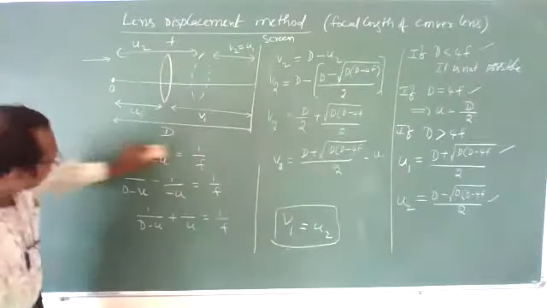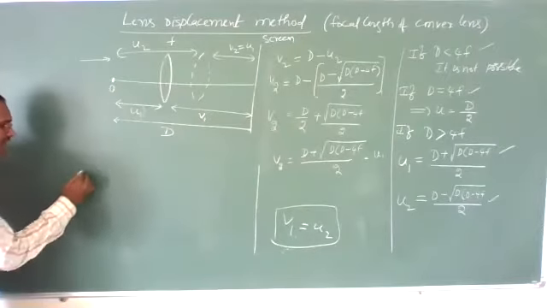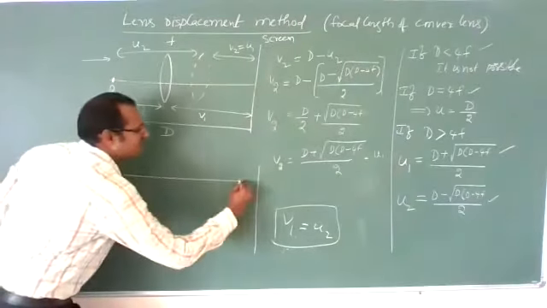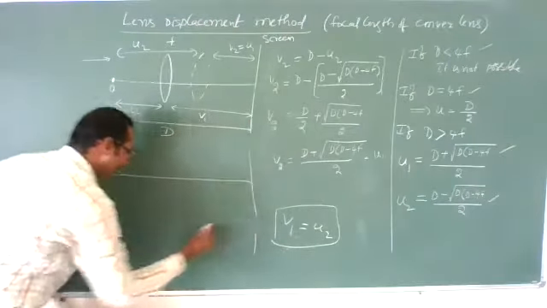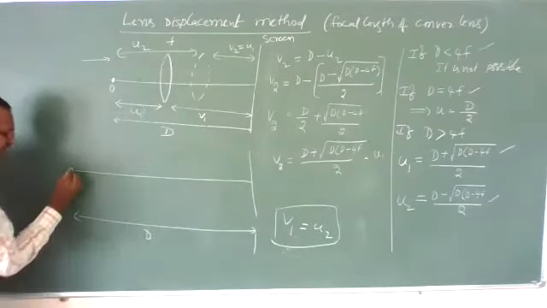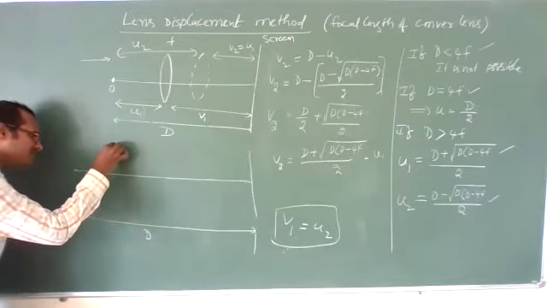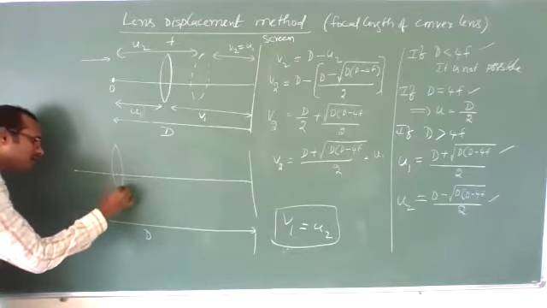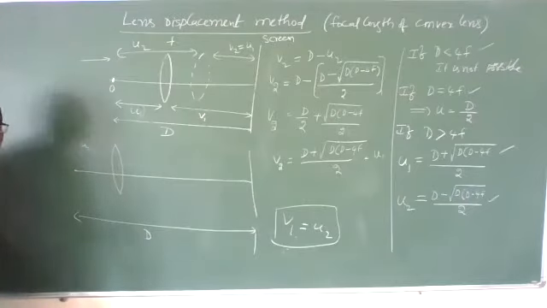One more time I am trying to explain from this point of view. Let us imagine this is the screen where you have kept, and this total distance is capital D. This is the object distance. First the lens we have kept here, at a distance of u1.